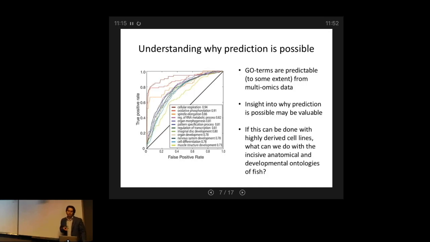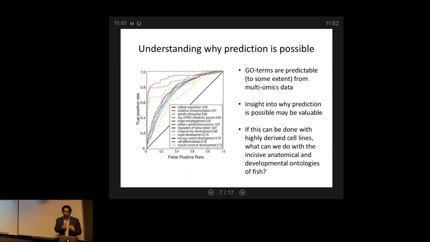And for many GO terms, the answer was yes. You have to keep in mind that there are a lot of genes, and these processes don't annotate many. So an AUC of 0.94 actually genome-wide isn't that great, but still. There's predictive power for GO terms from multi-omics data, but no one yet has provided real insight into why prediction is possible for this problem, or indeed the vast majority of problems that have been tackled in this way.